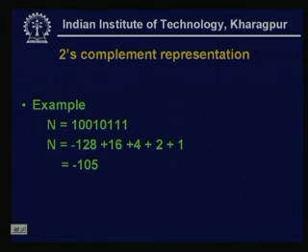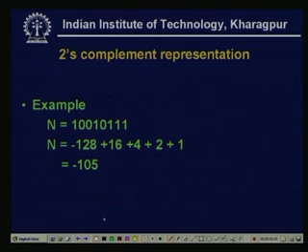The first bit is minus 128, because counting 0, 1, 2, 3, 4, 5, 6, 7, this is my 2 to the power 7, and it carries a minus sign. The rest are plus 2 to the power 4, plus 2 to the power 2, plus 2 to the power 1, plus 2 to the power 0.